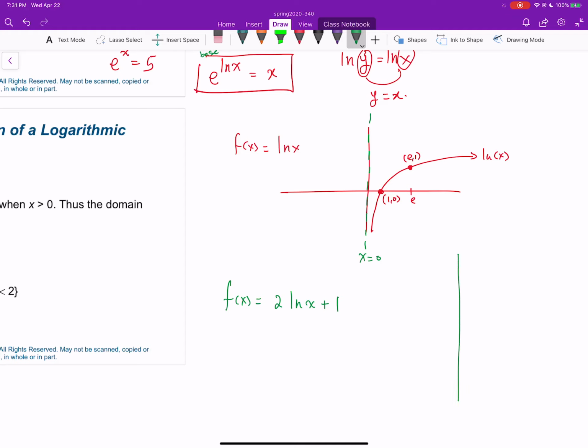So the point 1, 0, I'm going to stretch by a factor of 2, so I end up at 1, 0, and I'm going to move it up by 1, so that gives me 1, 1. And then e, 1, if I stretch it by a factor of 2, I get e, 2, and then if I move it up by 1, I get e, 3. The vertical asymptote doesn't change, so it's going to stay exactly the same.